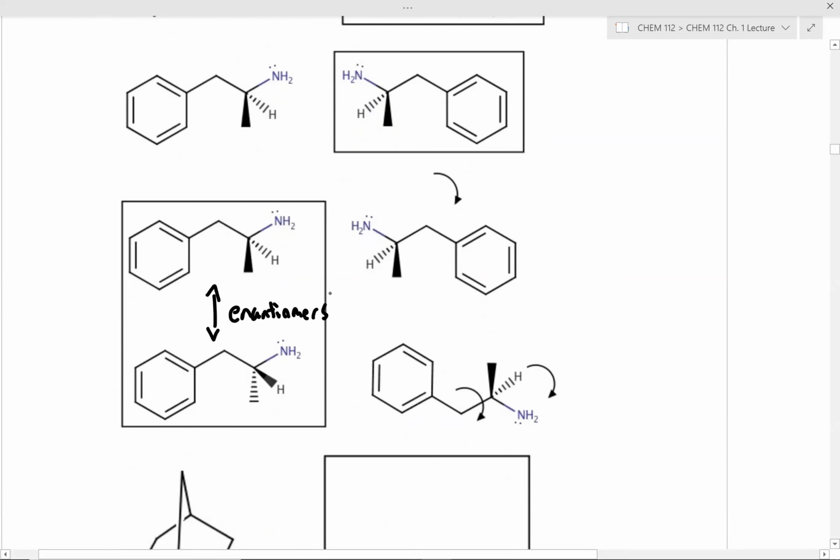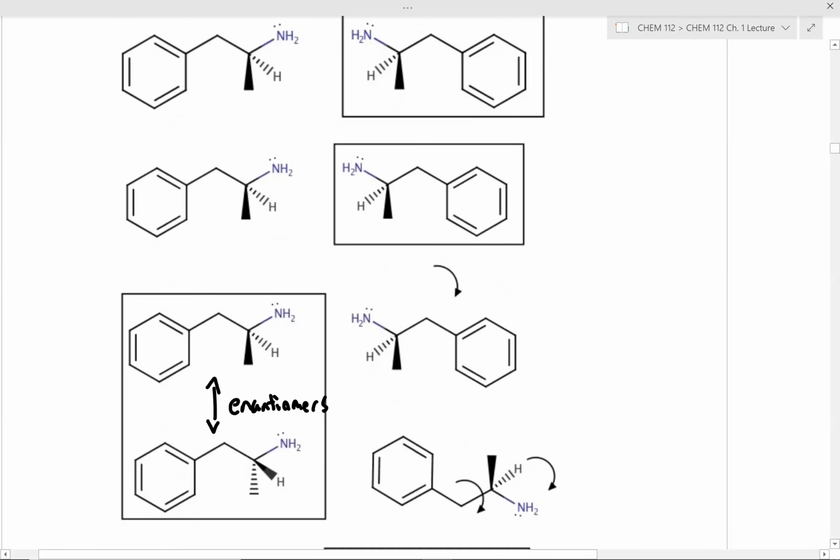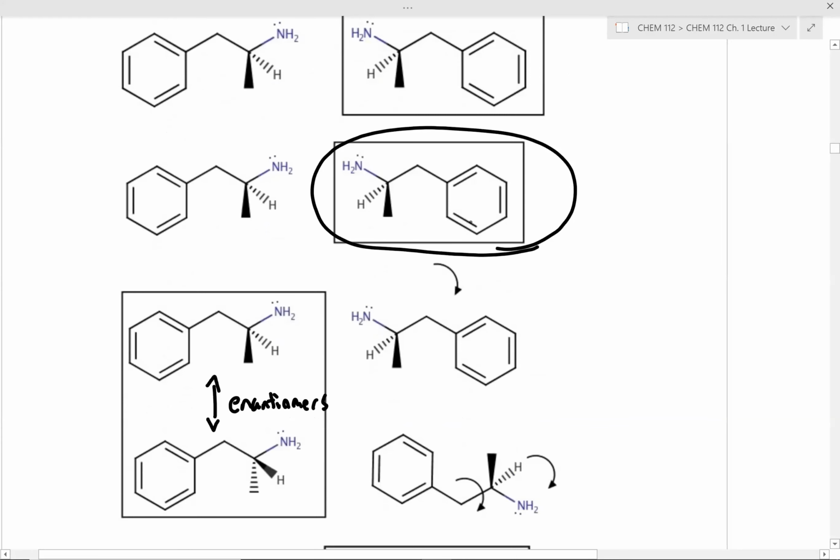let's try some rotation, and let's try to rotate our molecule in order to directly superimpose these two structures. So the way this works is you're going to take your mirror image shown up here.